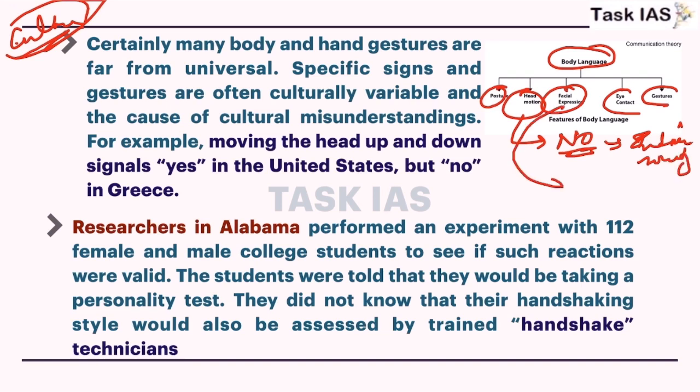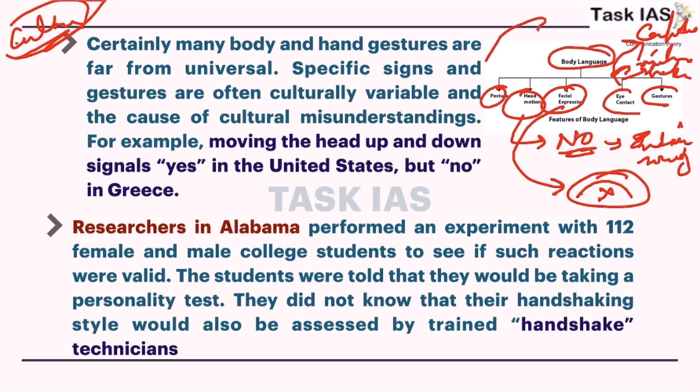Now facial expression, again, if someone is very lonely, very afraid, of course he will have a very tense face. Similarly, eye contact can show confidence level, motivation level, happiness. So these are some of the body language parts which can be used for communication.